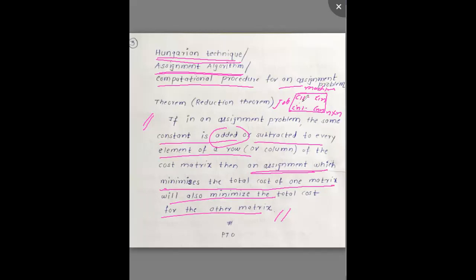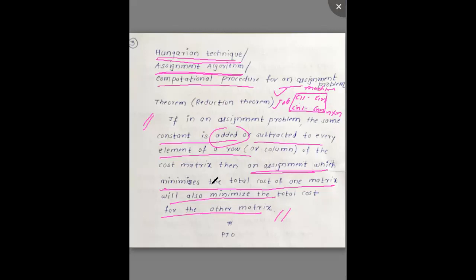If you add a certain constant to all entries in a certain row or all entries in a certain column, then we get another cost matrix by adding that number to a certain row or to a certain column. So we have two cost matrices, the original cost matrix and the matrix obtained by adding that number to the certain row.